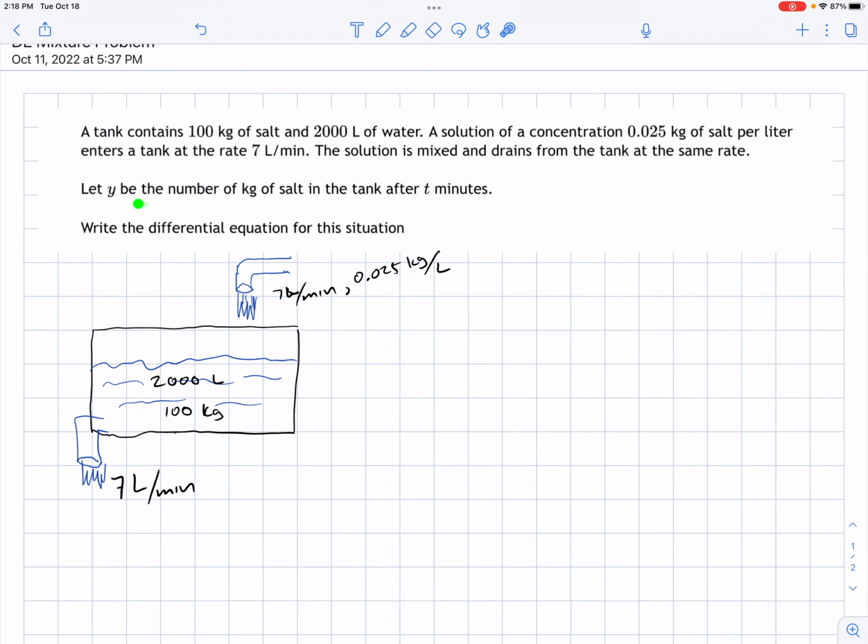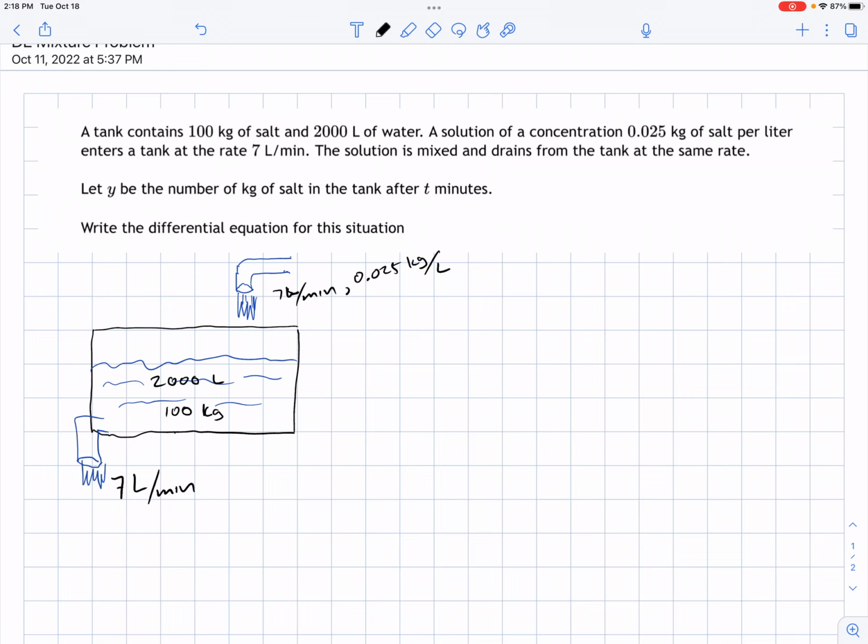We also are given our variable here. Y is going to represent the amount of salt in the tank after t minutes. So essentially, if we solve this equation, we would get a y of t function. It also helps with setting up our differential equation.